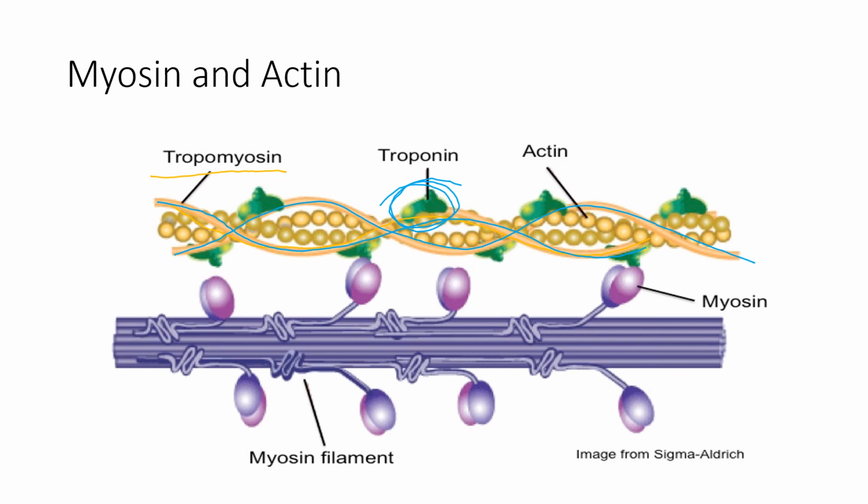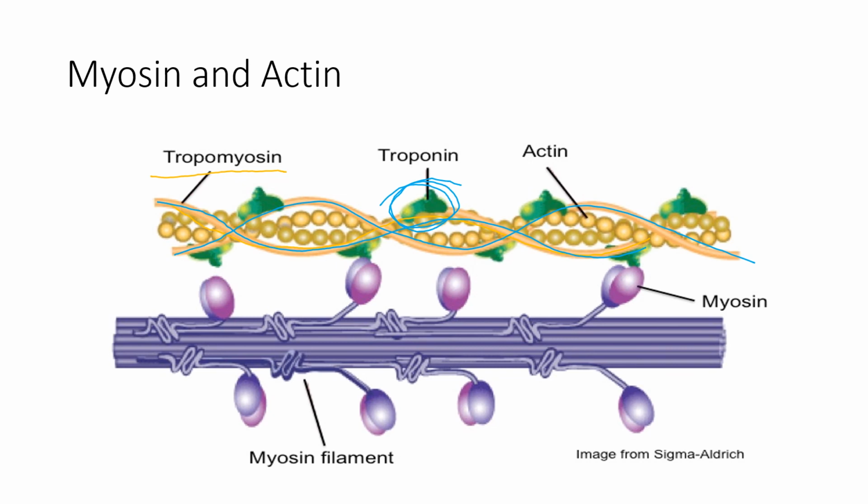When we want to contract, troponin binds to calcium ions, which are very important for muscle contraction. And once bound to those calcium ions, it unbinds from the tropomyosin, revealing those active sites so that the myosin, these thick filaments down at the bottom, and actin can perform the contraction. And we'll talk more about that in later slides.